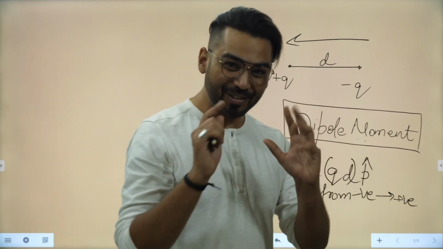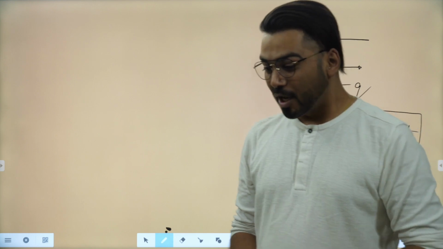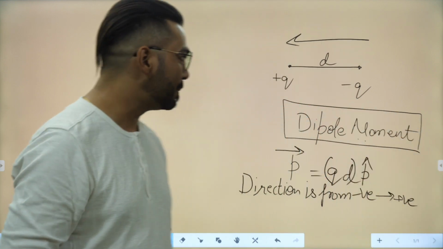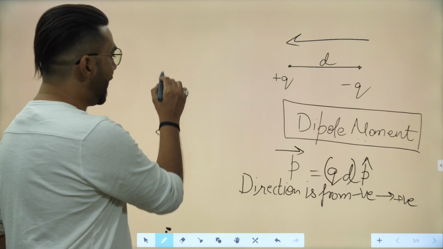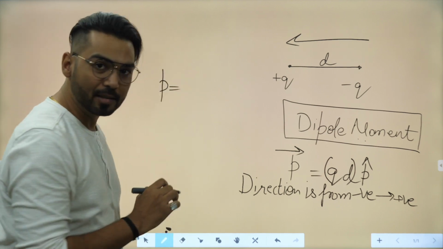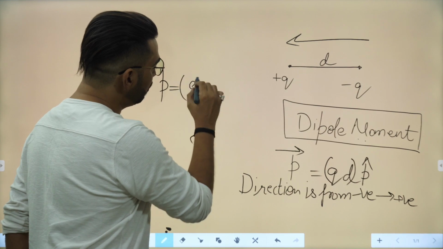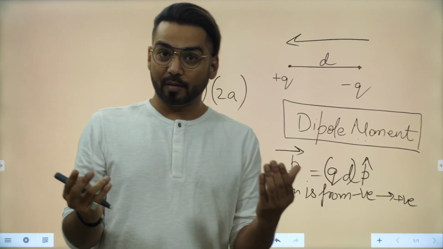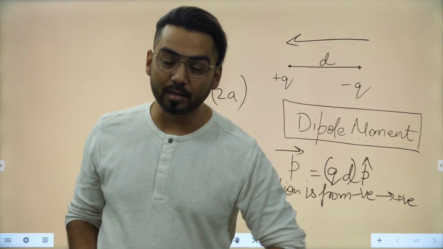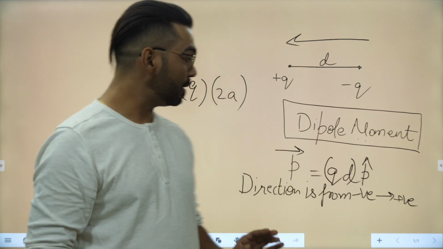Now, let's talk about one more common confusion over here. In certain books, you will find that the dipole moment is explained as Q into 2A. I have got this a lot of times from my students, and I hope you don't have this doubt.